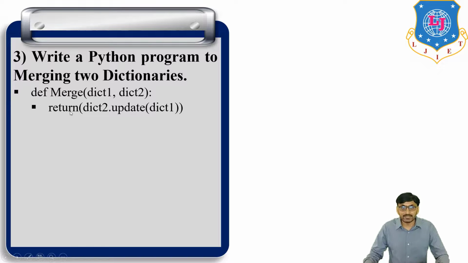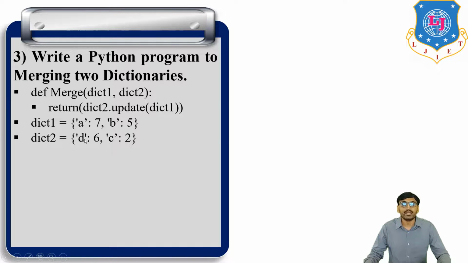Then inside the function, return dict2 dot update dict1. It means all the key-value pairs of dict1 are merged into dict2. Now we know that dict1 is A7, B5: A is the first key with 7 as the first value, B is the second key with 5 as the corresponding value.